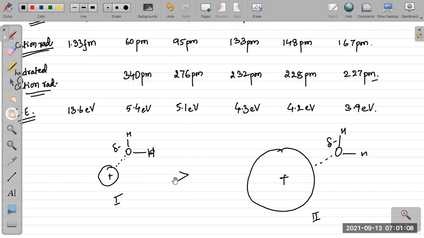Basically solvation through the secondary bonding which is formed between the cation and the negative polar end of H2O molecule.